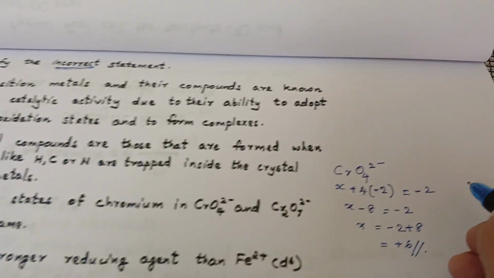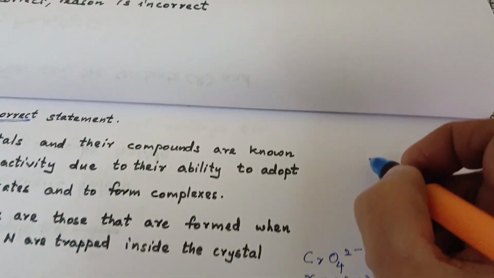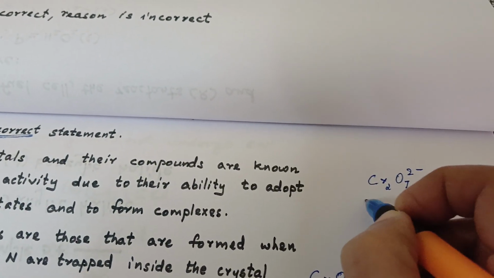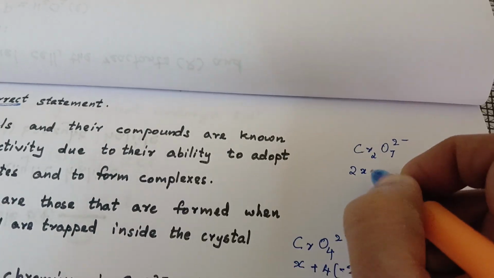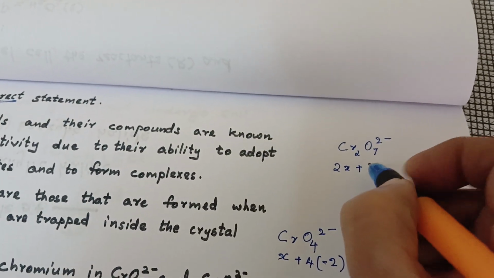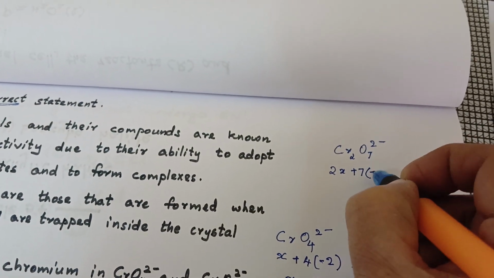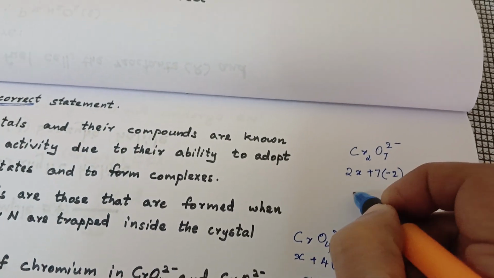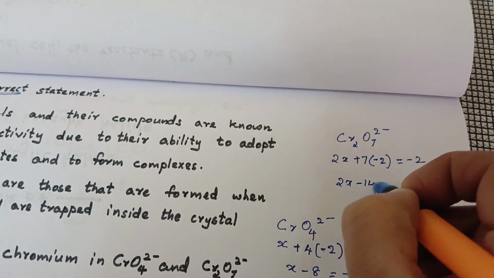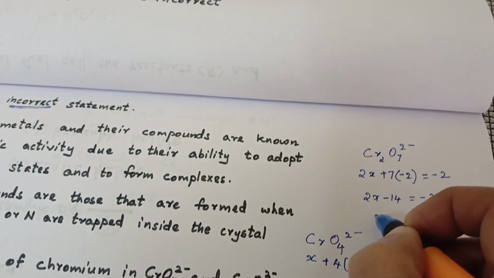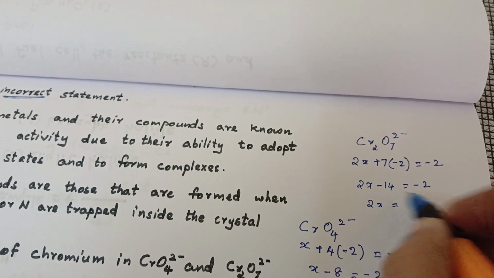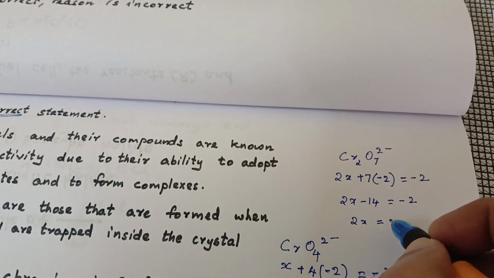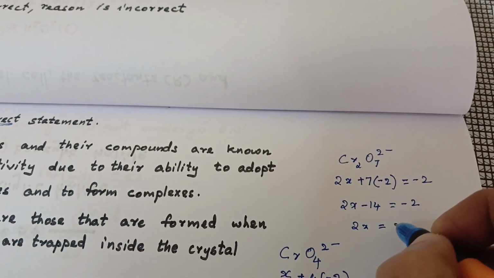What about in Cr2O7 2-? 2x, 2 chromiums are there, plus 7 oxygens are there. 7 into minus 2 for each oxygen equal to minus 2. So 2x minus 14 equals minus 2. 2x equals, how much will we get?